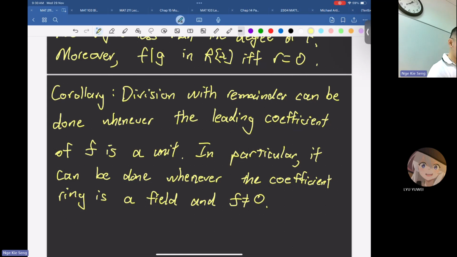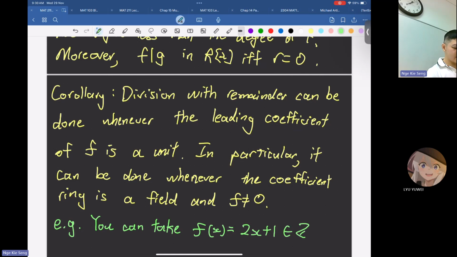So for example, you can take F to be, let's say, 2x plus 1 in Z mod 3 x. You can take this and then divide the polynomial in Z3[x].